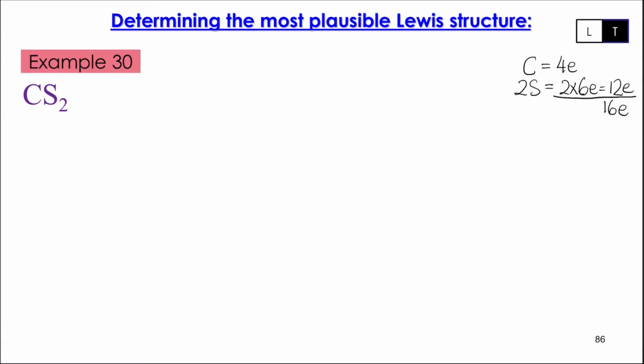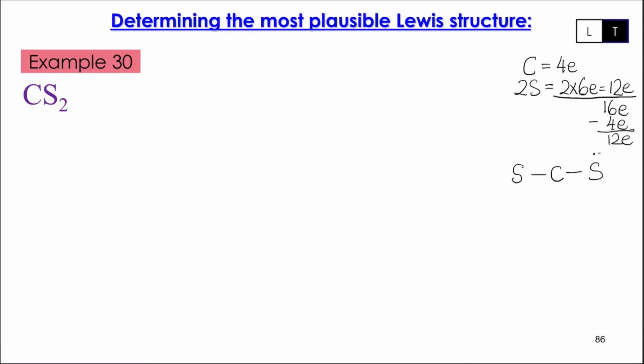If I draw, the central atom should be carbon, and then I have 2 sulfur, so I got 2 bonding pairs. And after that, I use up 2 bonding pairs, meaning 4 electrons, so I'm left with 12 electrons.